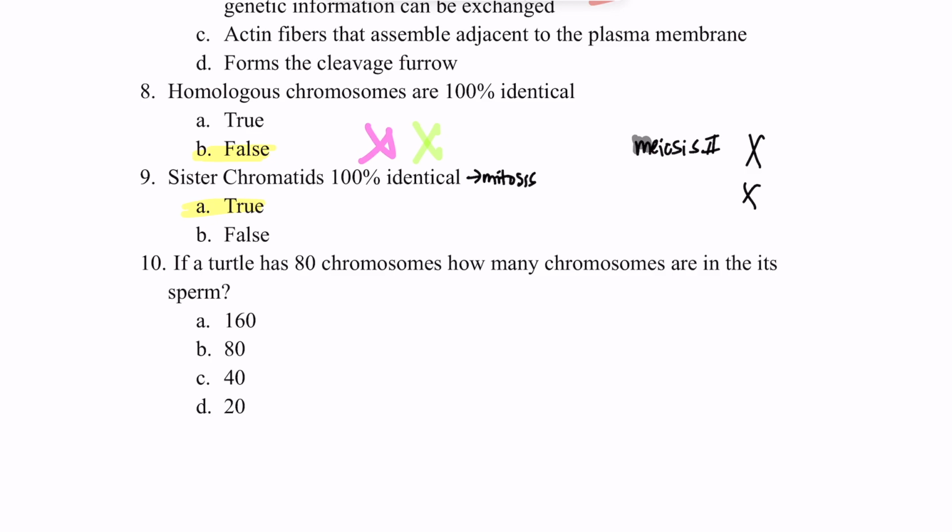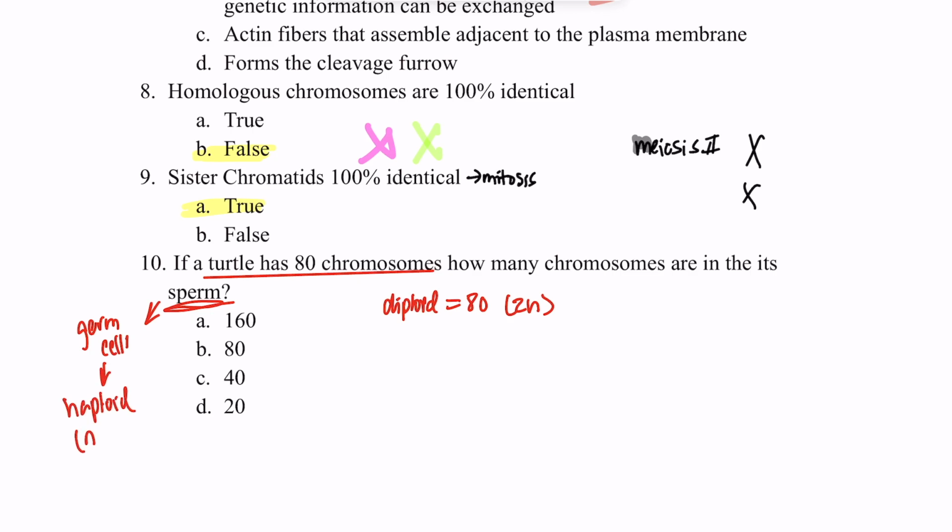So the turtle itself has 80, so we're going to say diploid equals 80. Remember, diploid we abbreviate to 2N. Now, sperm, this could be sperm or egg. Sperm or egg are going to be our germ cells. Germ cells are always haploid. So haploid again is 1N, right?